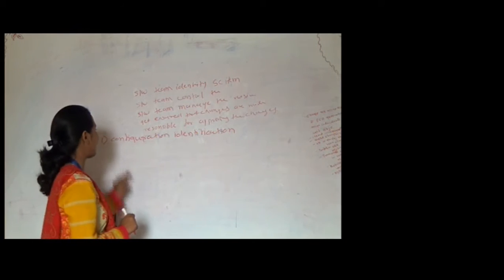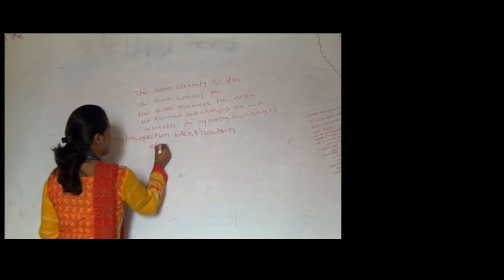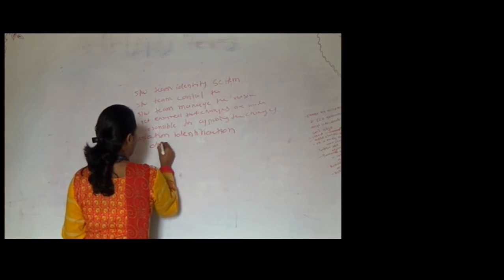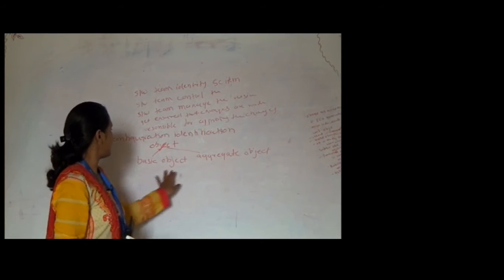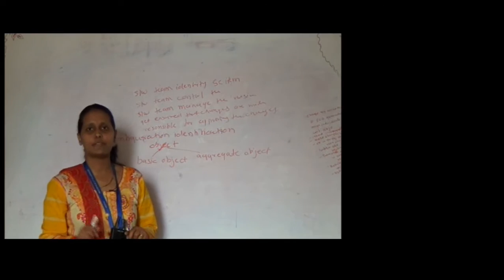There are two categories of object. First is basic object and second is aggregate object. Basic objects are derived from the basic requirements of software.